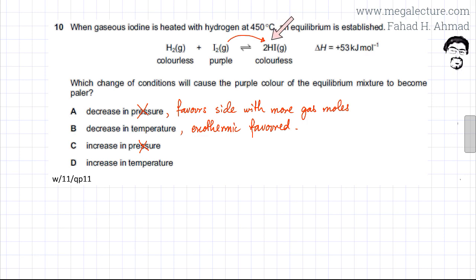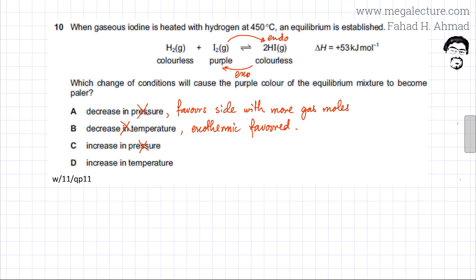So this arrow represents an endothermic change, whereas the other arrow, the backward reaction, would be the opposite. It's going to be exothermic. So if you decrease temperature, an exothermic reaction is favored. So backward reaction, the exothermic reaction would be favored, and more purple color would be produced. So this option also looks to be incorrect.